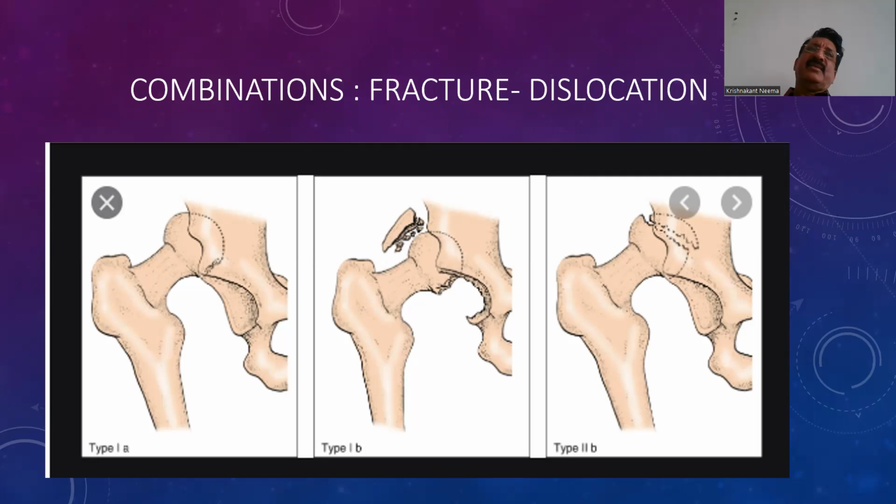There can be some cases where you find a combination of fracture and dislocation. That means there is a breach in the continuity of bone as well as the articular surfaces are no longer in contact. Such a combination is called a fracture dislocation combination, which is very common in the hip joint.